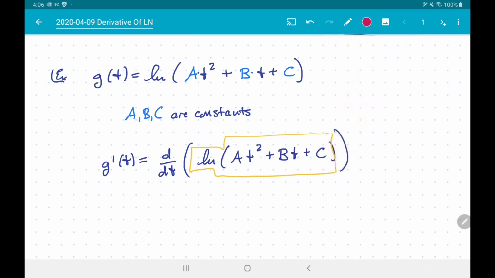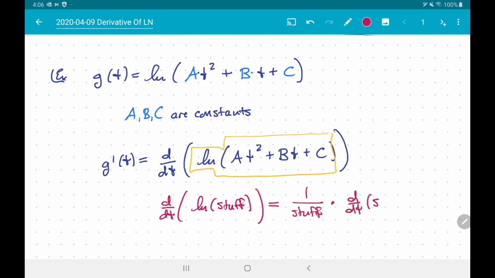So once again, you don't have to write this out every time, but let me do so just because this is our first lesson on this derivative. This time I'll use d dt because our independent variable is t. Derivative of ln of stuff is 1 over stuff times the derivative of the stuff.